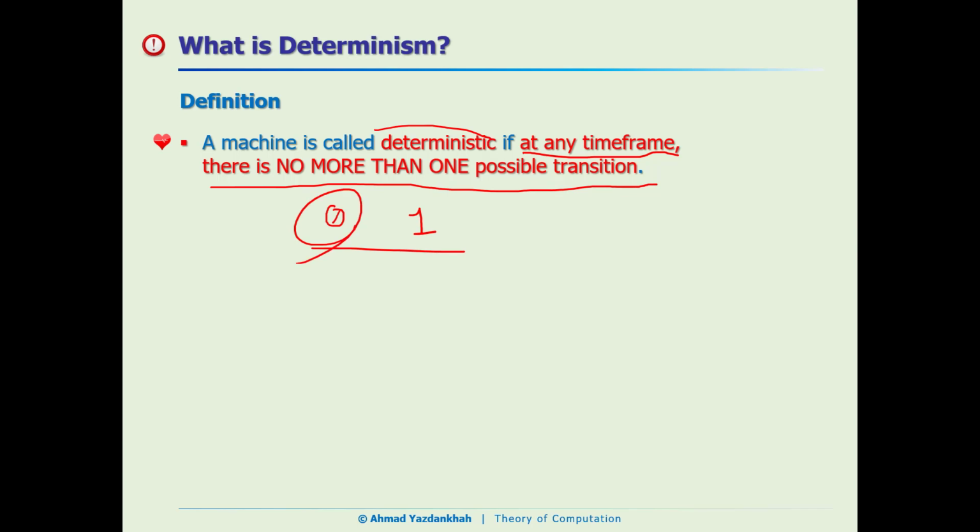Because we know that for the DFAs, it is always one and only one transition. But we have other machines that I will introduce later where in some cases there is no transition, but still they are deterministic and we can still predict their behavior. That's why we said there is no more than one possible transition.